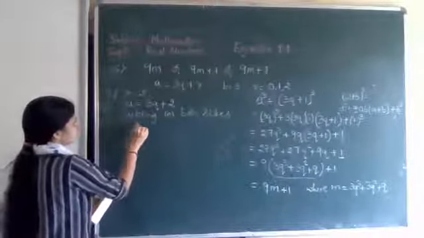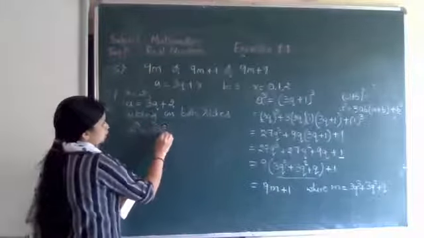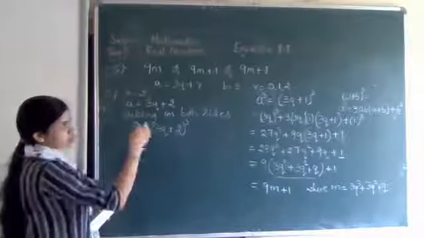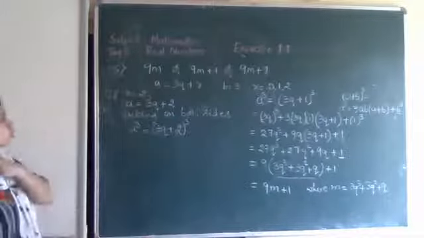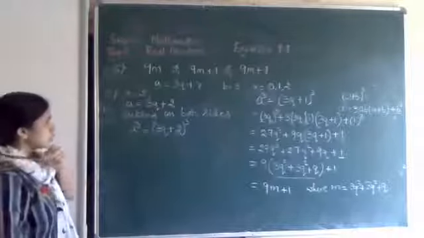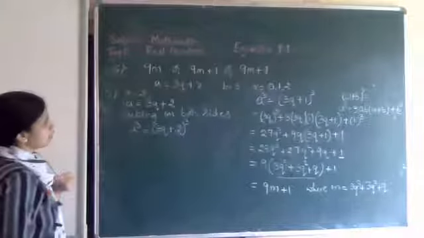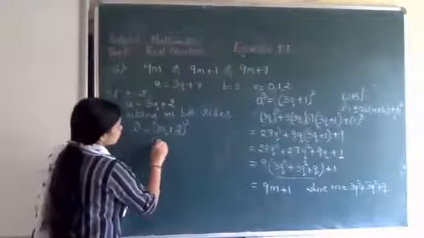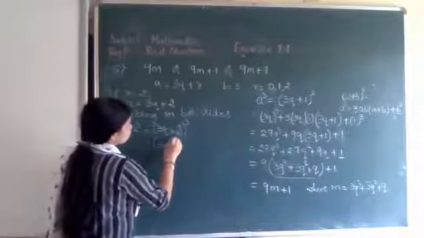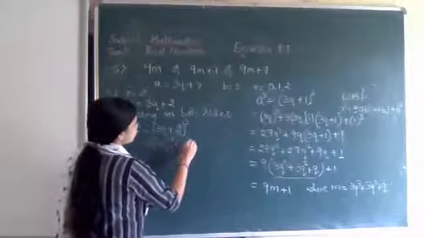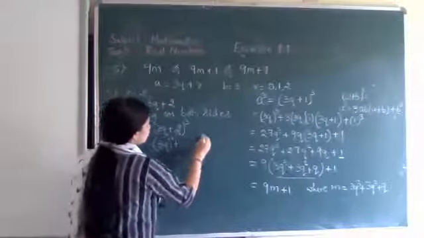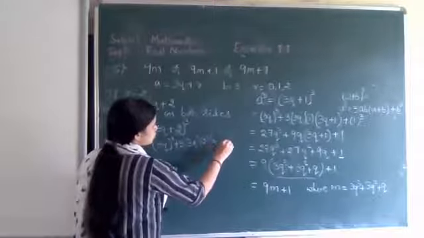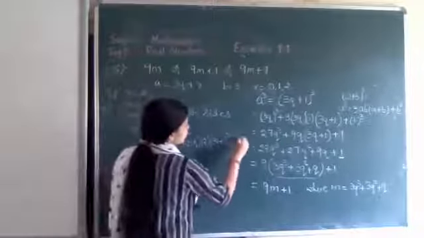We will get a cube is equal to 3q plus 2 whole cube. Then again we apply a plus b whole cube is equal to a cube plus 3ab into a plus b plus b cube. Here 3q whole cube plus 3 into 3q into 2 into 3q plus 2 plus 2 cube.